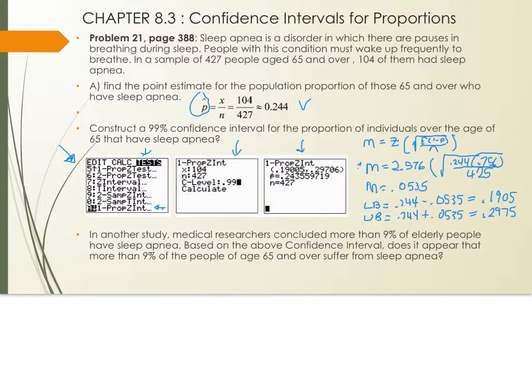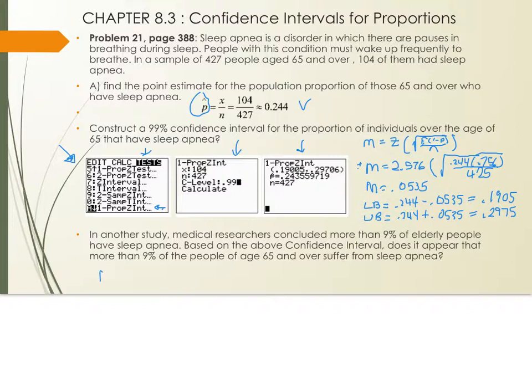Then part B says, in another study, a medical researcher concluded that more than 9% of the elderly people have sleep apnea. Based on the above confidence interval, does it appear that more than 9% of the people age 65 and over suffer from sleep apnea?